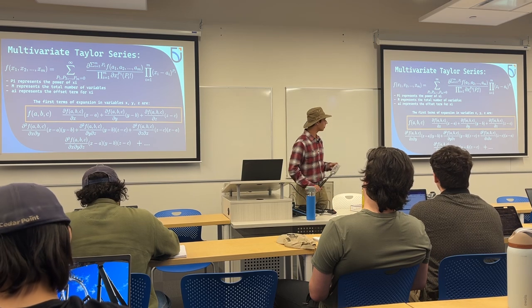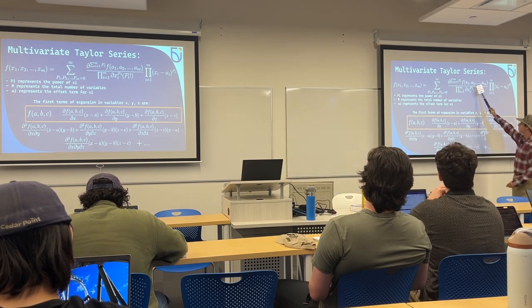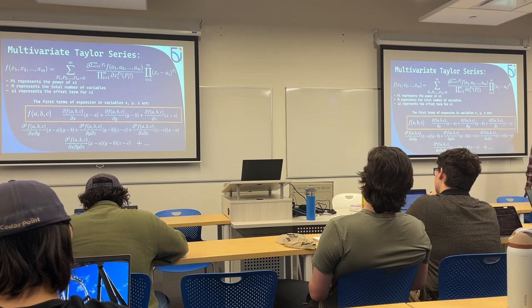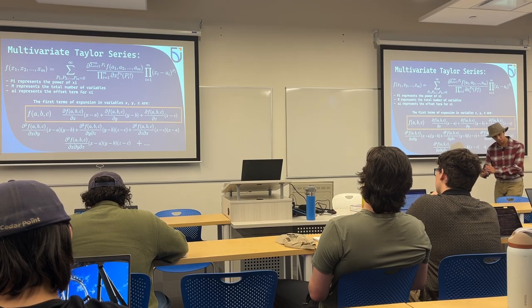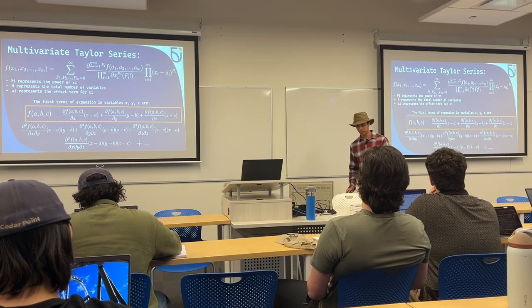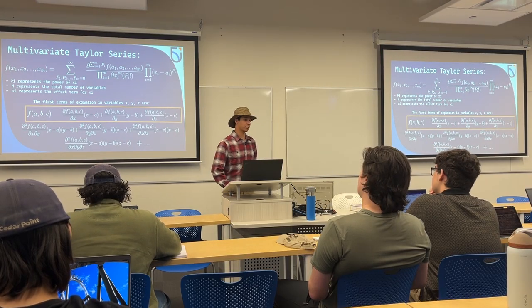Because this is just saying, for whatever value of the power of x1, x2, x3 is, we're going to put in the differential term, and we're going to put in the factorial term. Just multiply them all together for every single variable we have up to xm. This is why I say you don't have to understand it. This thing's a mess.